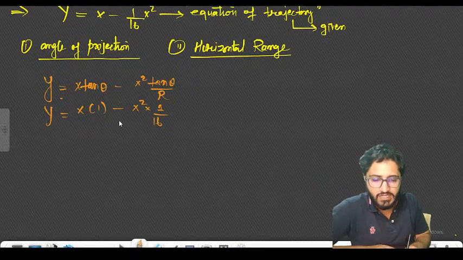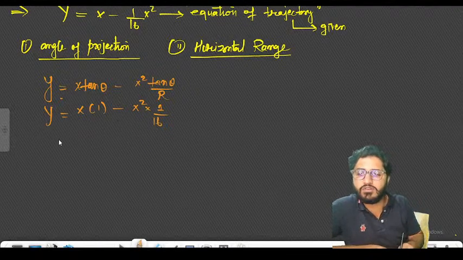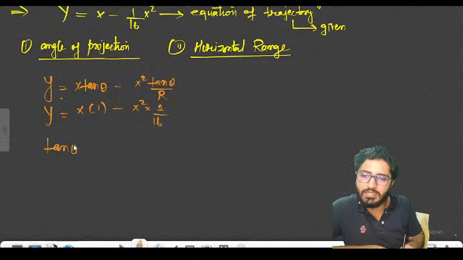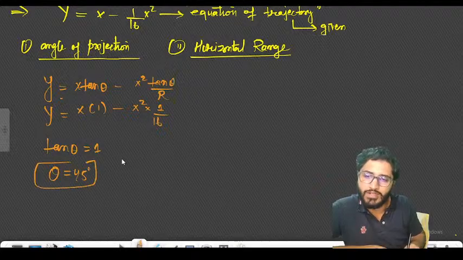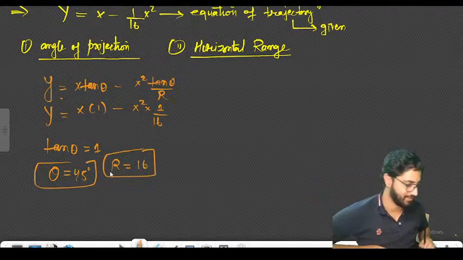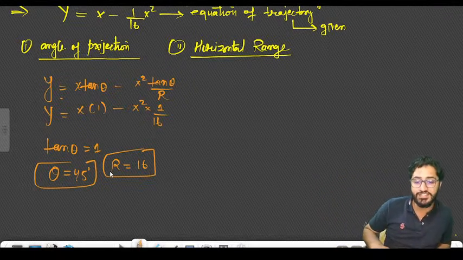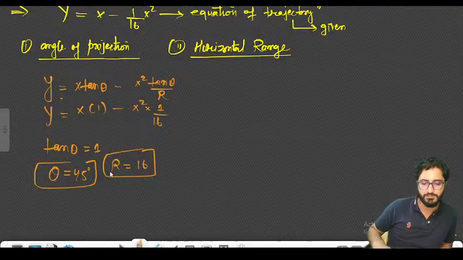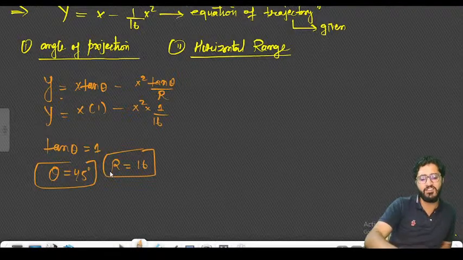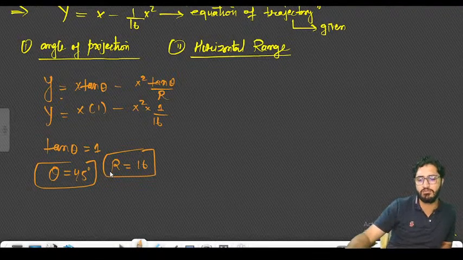So from this scenario, you will find that tan theta equals 1. It is only possible when theta is 45 degree. And you can see my range equals 16. That's why we need to compare these things. We can find many more things also, right?